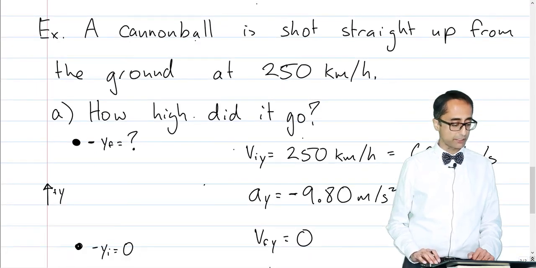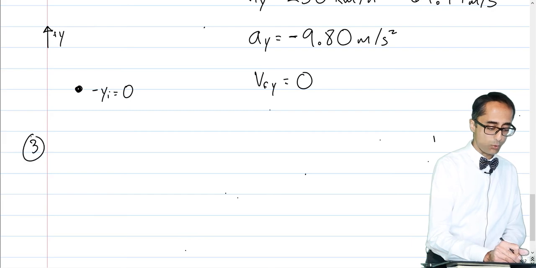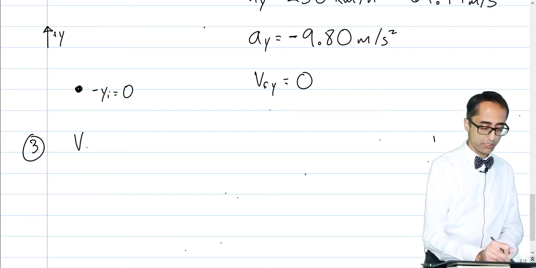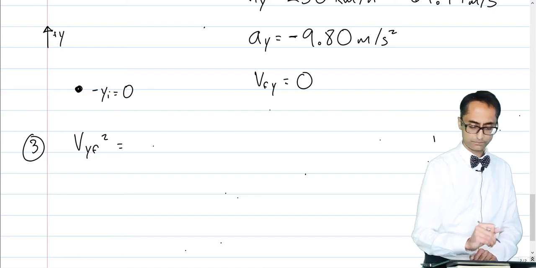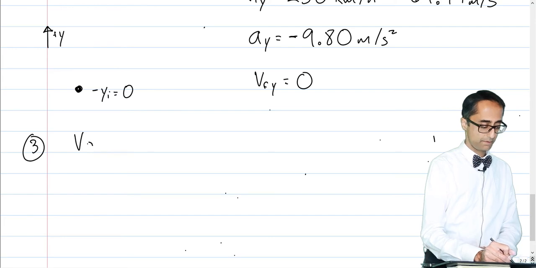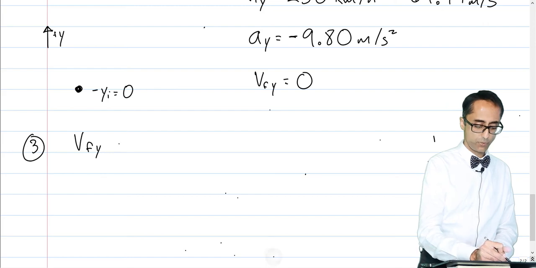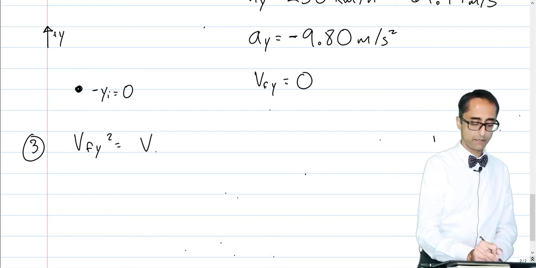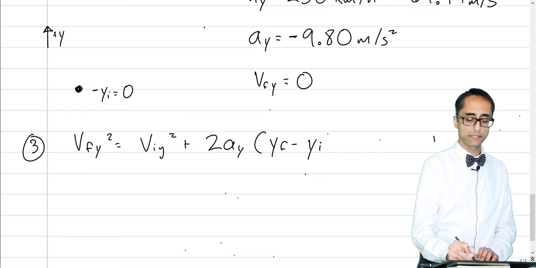Okay, hopefully you gave that a shot, and we can finish it up fairly quickly by writing our equation number 3 out. I'm going to write it the other way. Let's say vfy squared equals v initial y squared plus 2ay all multiplied by y final minus y initial.